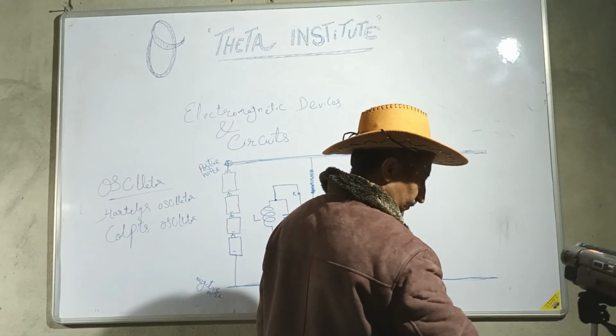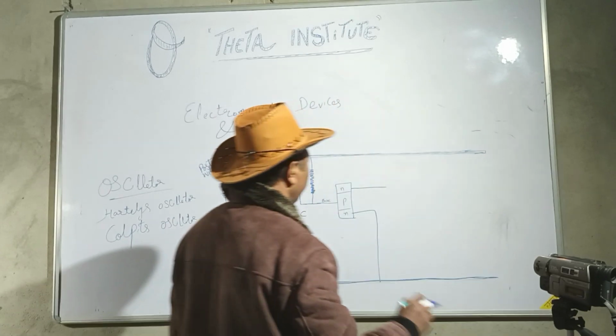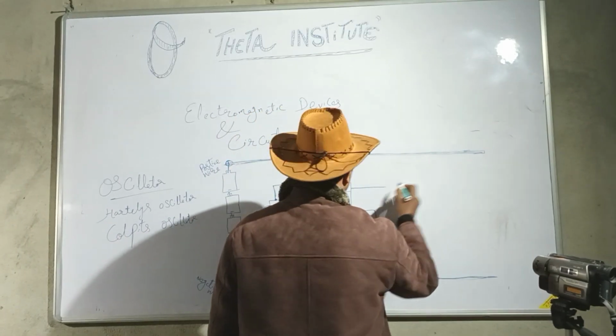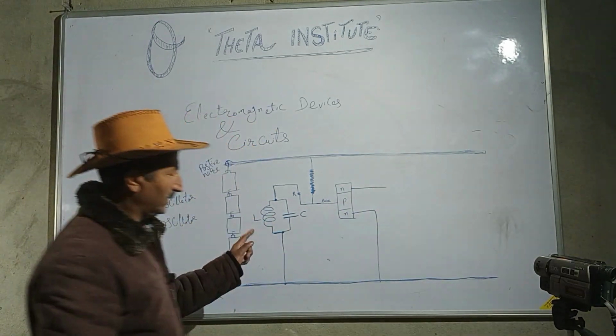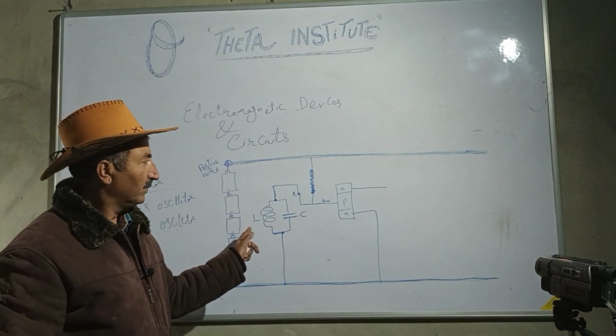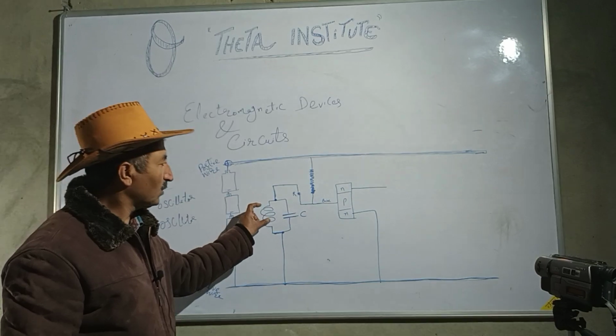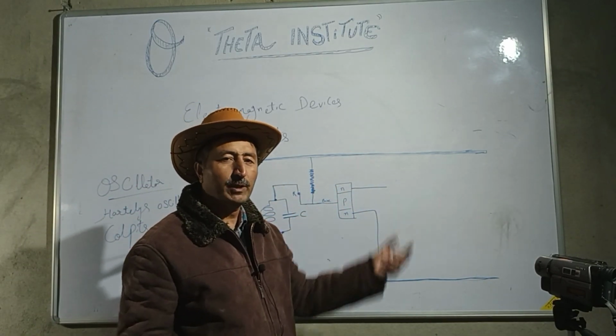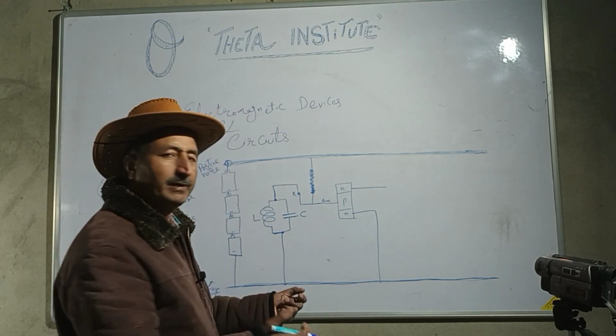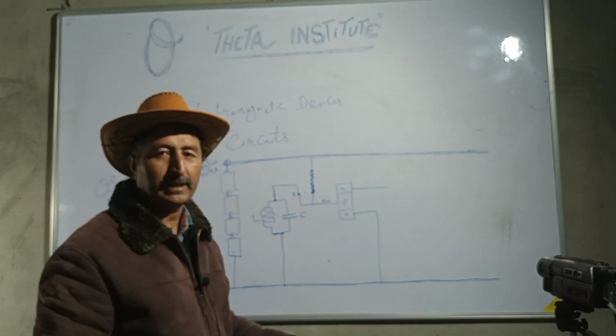Again, we have to make a similar LC circuit here, because we have to take these oscillations amplified from here. But there should also be such a reservoir which will hold these oscillations there.